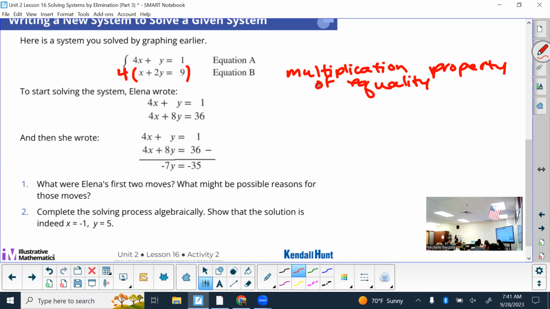Table 7, can you tell me what her next move was? So over here. Good. So she started to do elimination. All right, she subtracted to eliminate which variable?